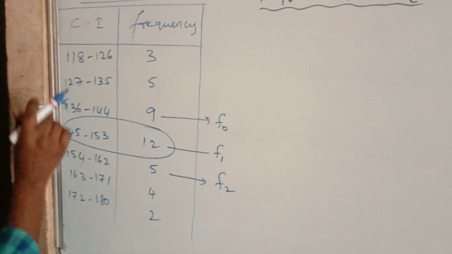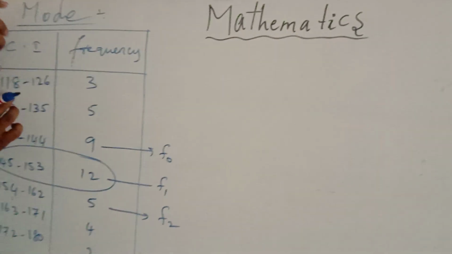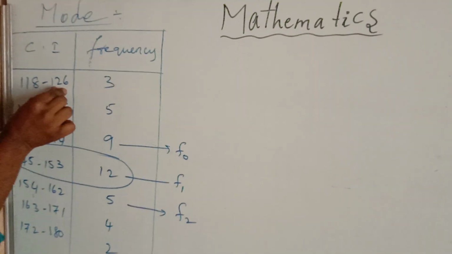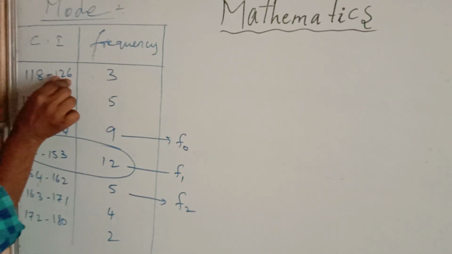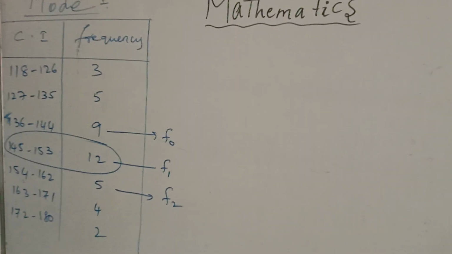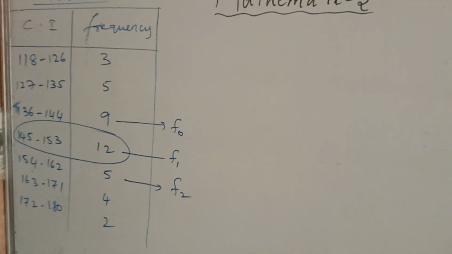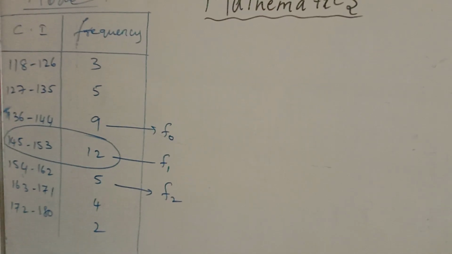If you observe the class intervals, they are 118 to 126 and 127 to 135. Here, the upper boundary values are not repeating in the next class interval. So class intervals are of two types: inclusive classes and exclusive classes.